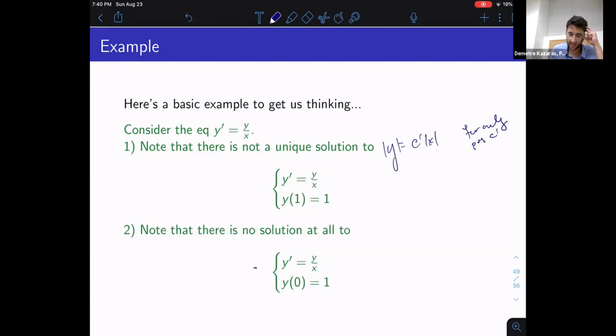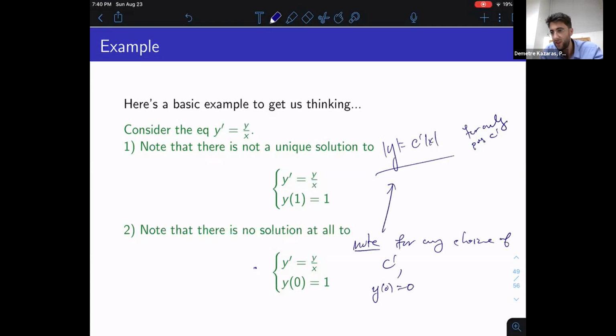Let's take a look at this initial value problem. Same differential equation, so what we said here is still true, but now we want the value of y at time 0 to be equal to 1. Well, this is never possible. So notice that for any choice of c, y at time 0 always has to be 0, because the absolute value of 0 is 0.